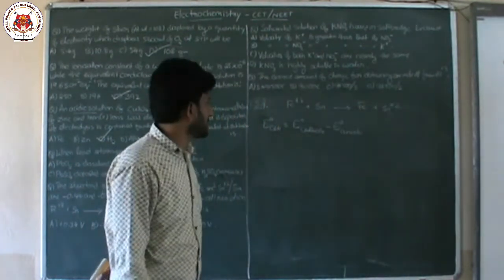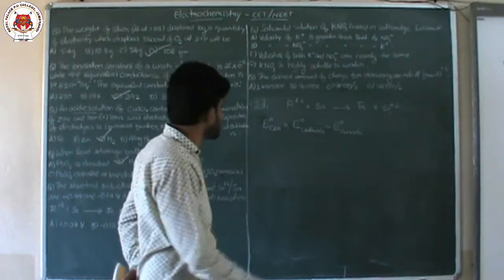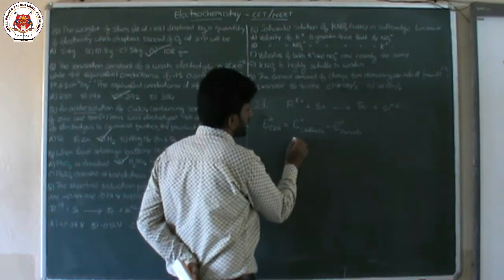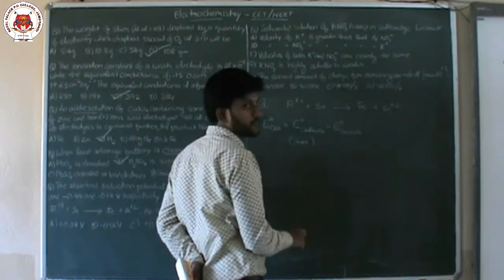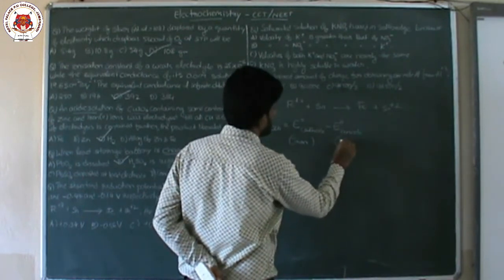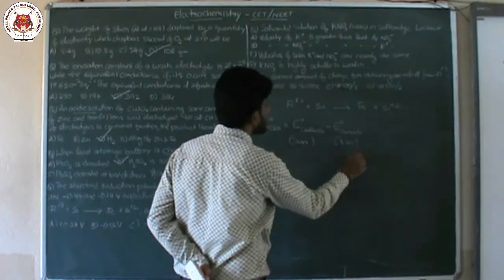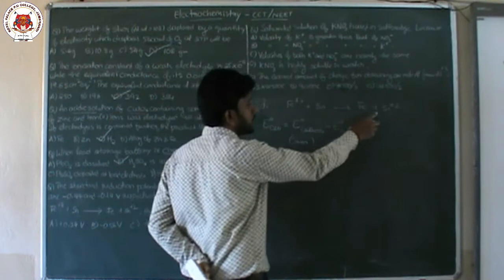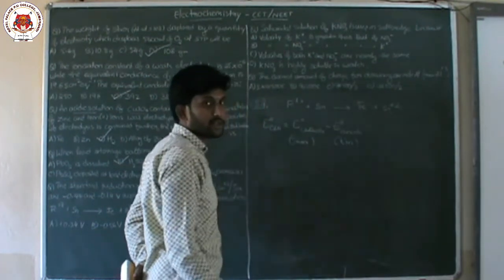So oxidation occurs at anode, reduction occurs at cathode. That means at cathode I should take the iron potential, and at anode the tin potential, because tin undergoes oxidation, anode. Iron undergoes reduction, cathode.